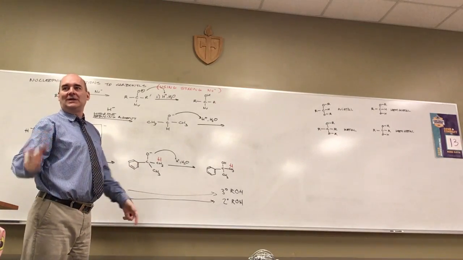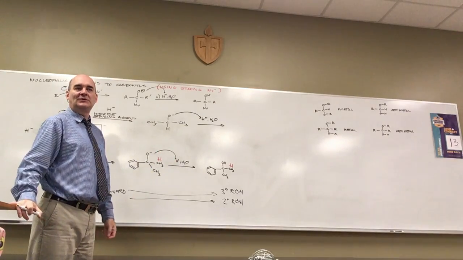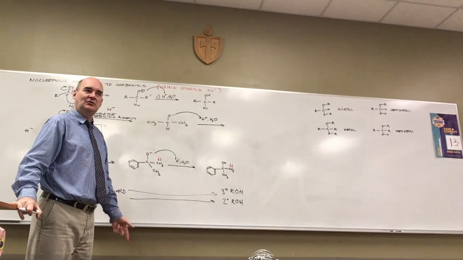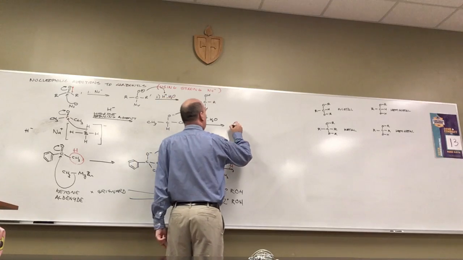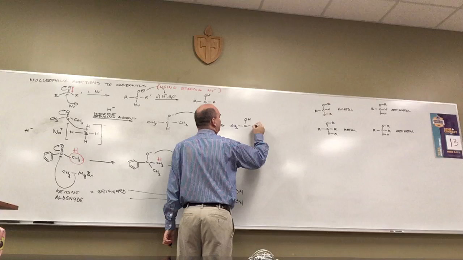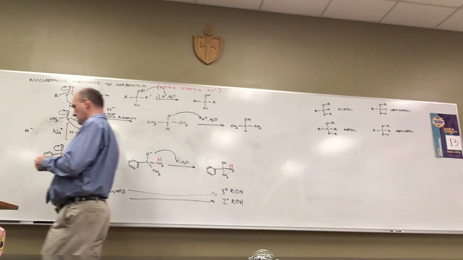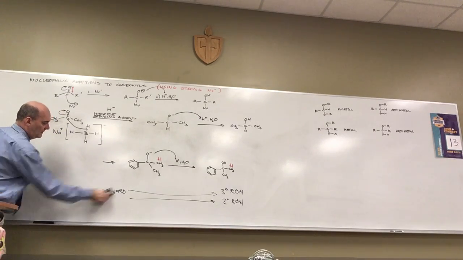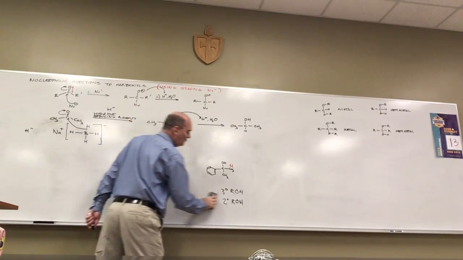Oxidation is an increase in the number of bonds to oxygen and a decrease in bonds to hydrogen, and reduction is an increase in bonds to hydrogen and a decrease in bonds to oxygen. My molecule has now less bonds to oxygen and more bonds to hydrogen, so it has been reduced.